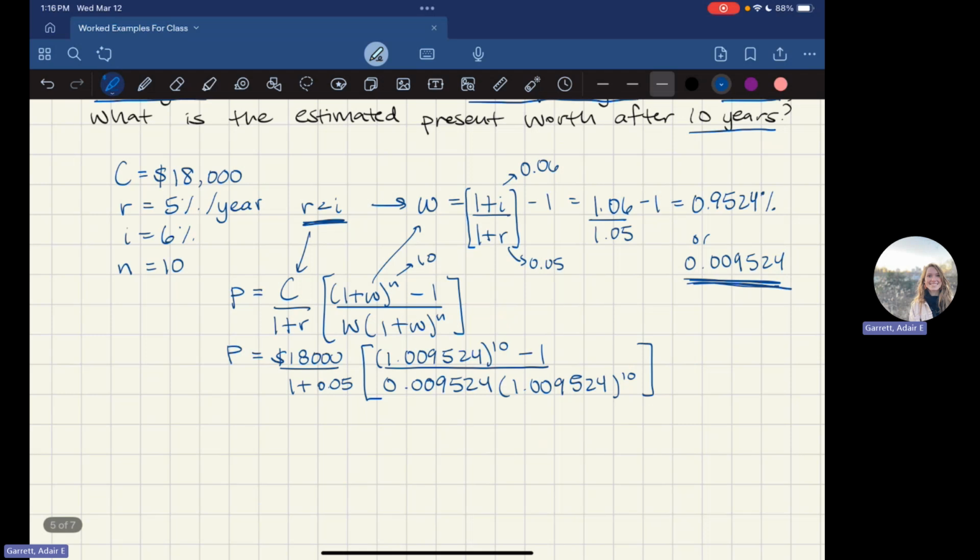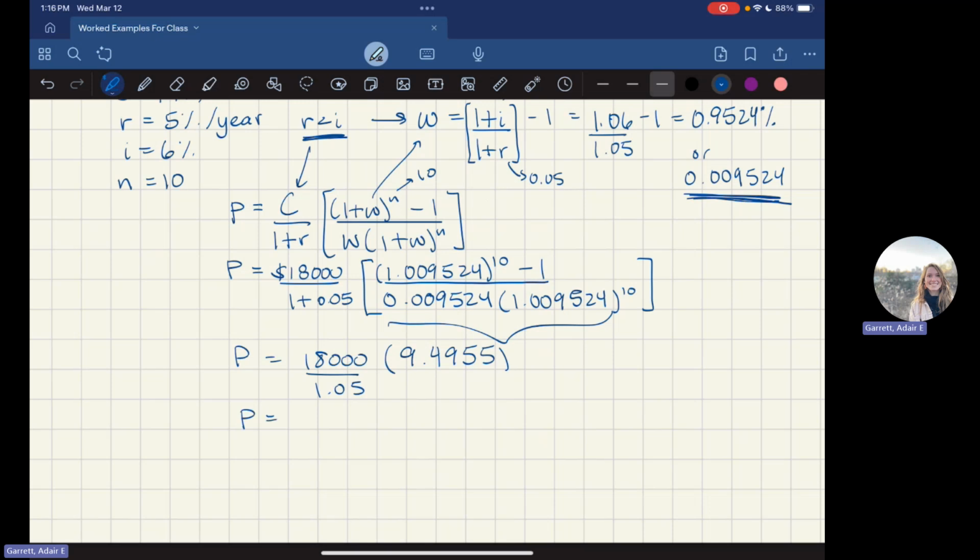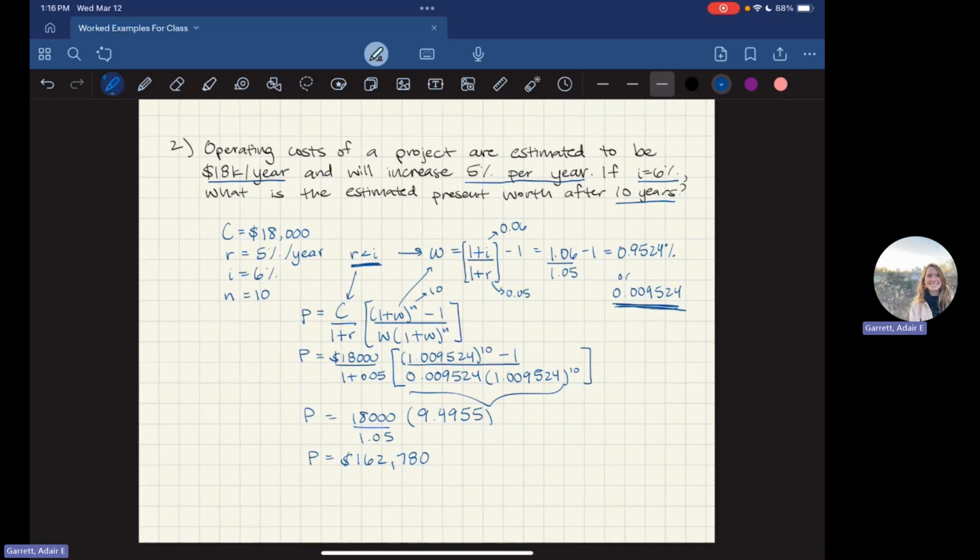When we plug this into our calculator, we're going to get 18,000 over 1.05 times a factor of 9.4955. And that's going to help us find P equal to $52,780. Okay. Hopefully this makes sense. We're going to do one more practice problem for this video.